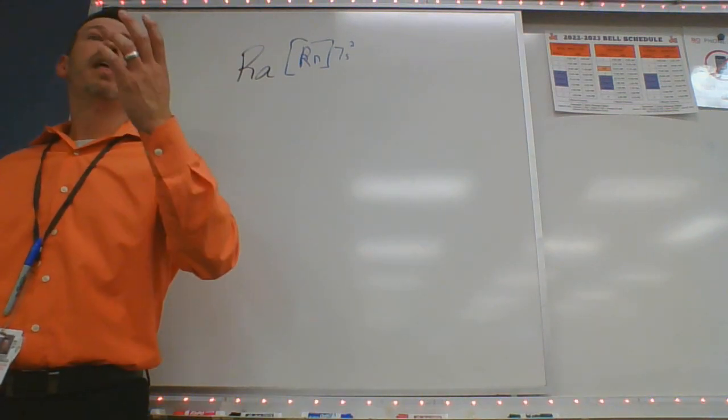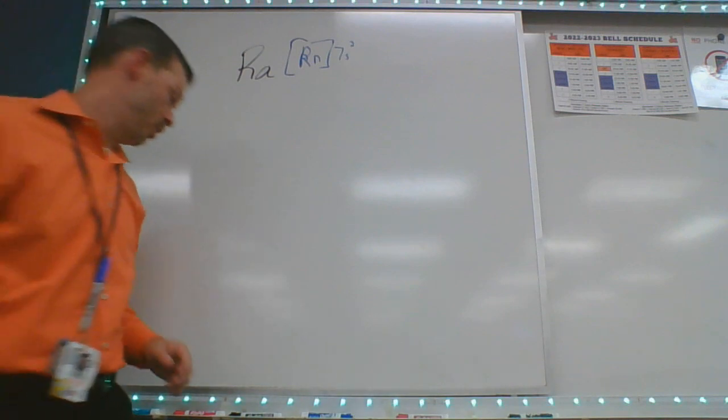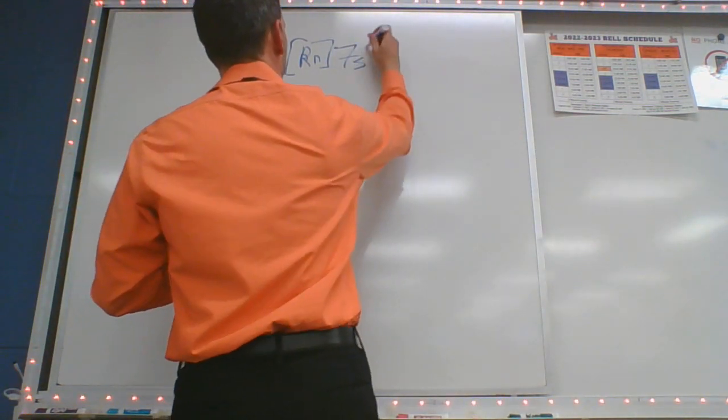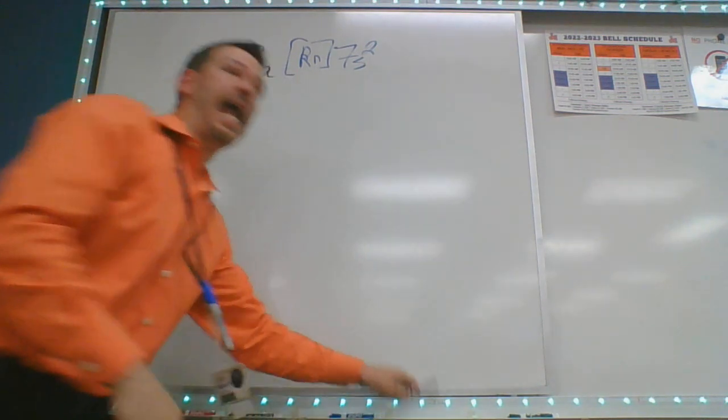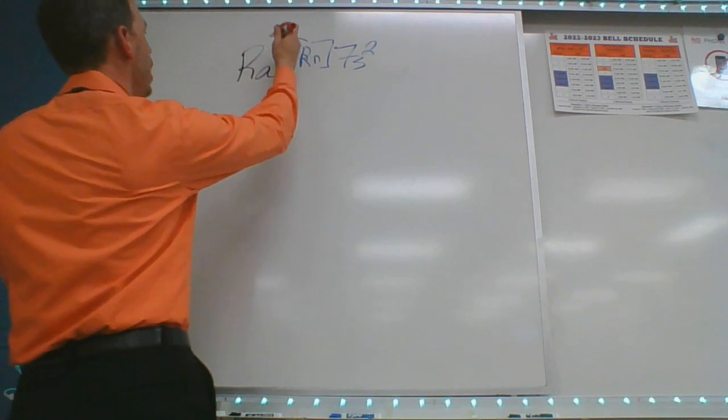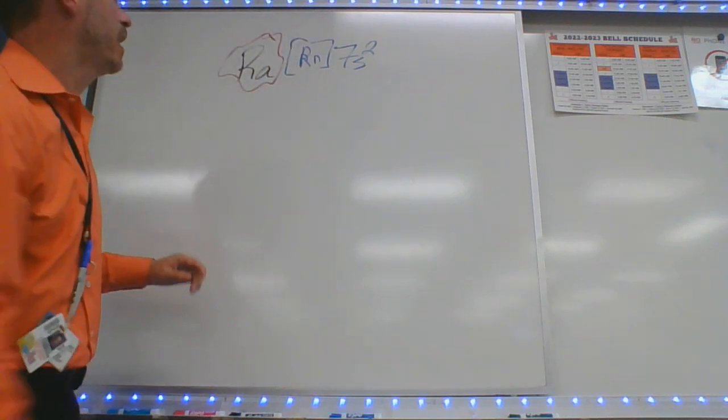Now, speaking of the 88, though, there's still a way to check your work. If you like to make sure that you didn't do anything weird, we know that radium is what we're configuring there.